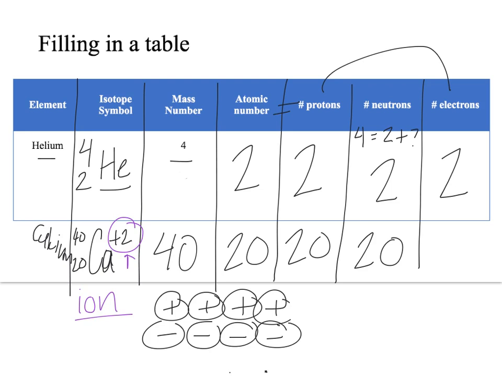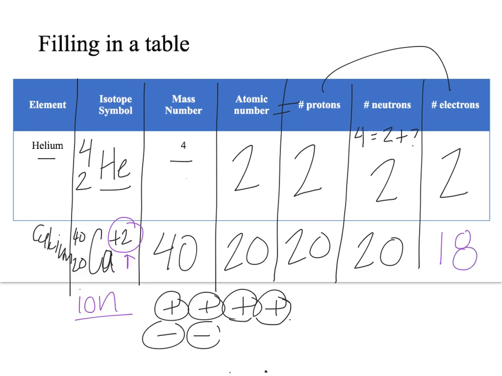And so if we have a positive charge here, that means that we have extra protons that aren't being balanced out. And so that would mean a loss of electrons. And in this case, that would mean a loss of 2 electrons. And so our number of electrons, instead of being 20, would be 18.